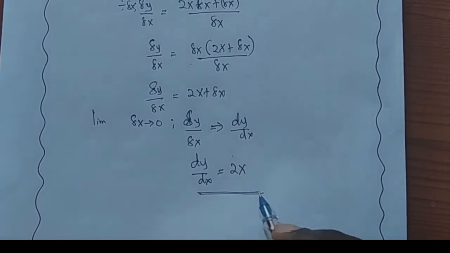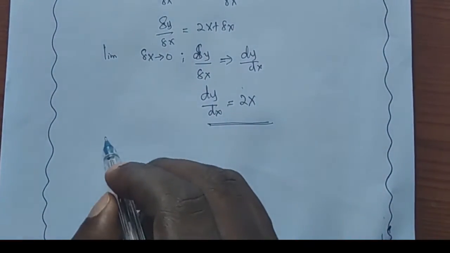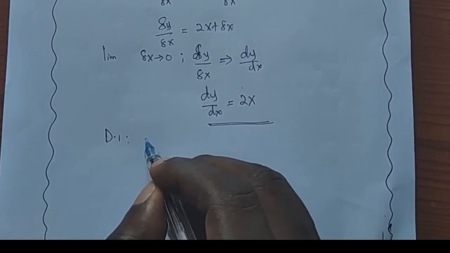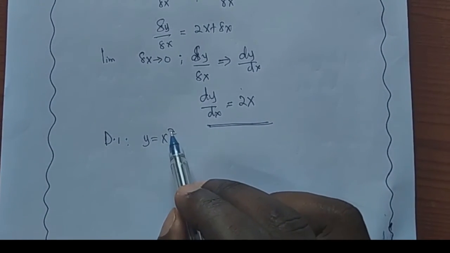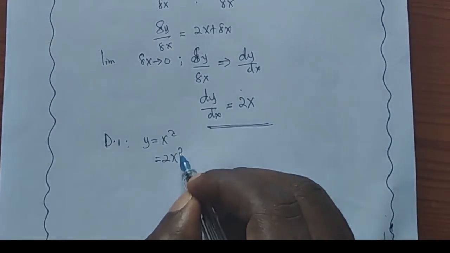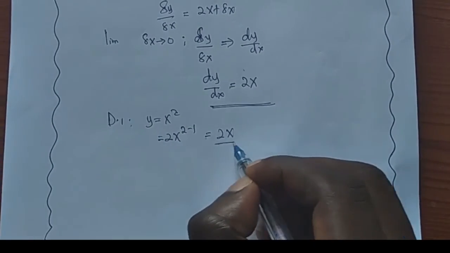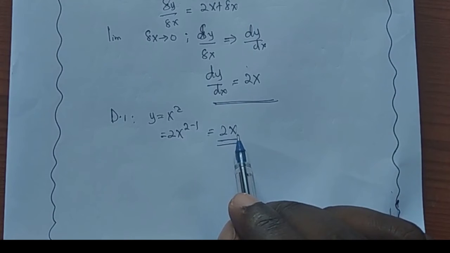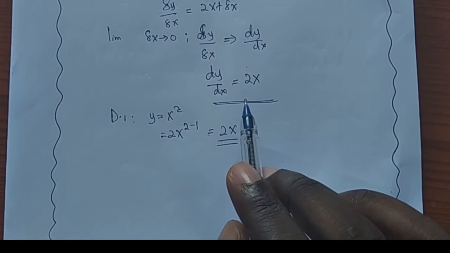This is the same answer I would get when I use direct differentiation. By direct differentiation, I will have y is equal to x squared. We say the 2 comes down, you get 2x, 2 minus 1, and this gives us 2x. So the answers should be the same whether you use direct differentiation or differentiation from first principles.